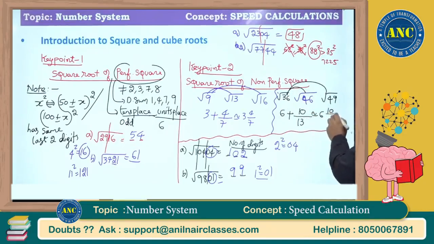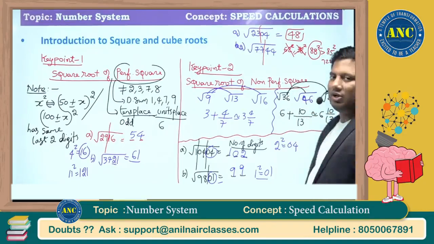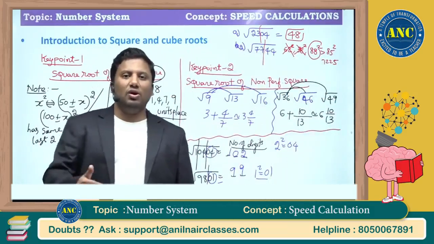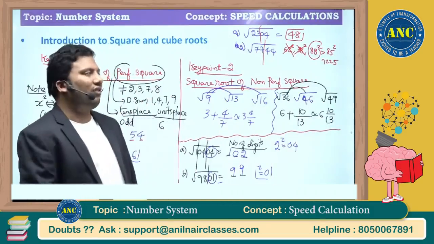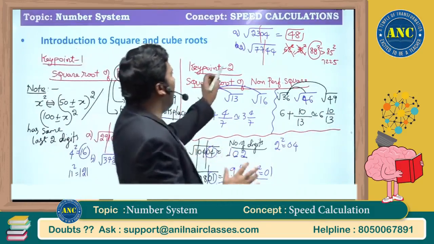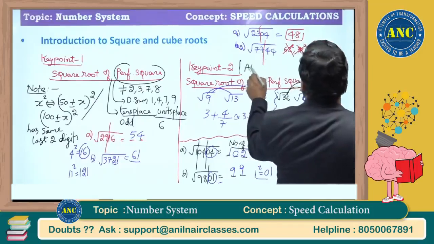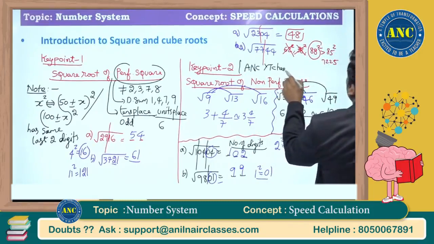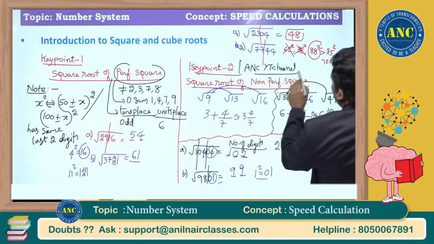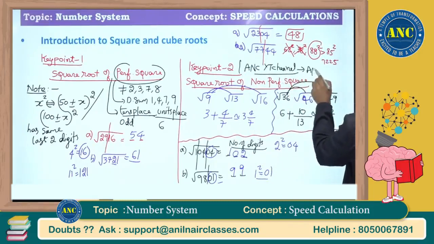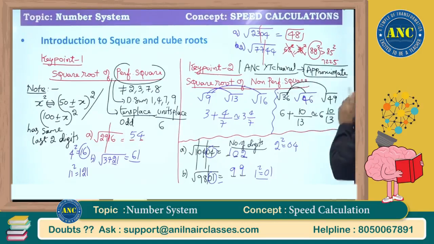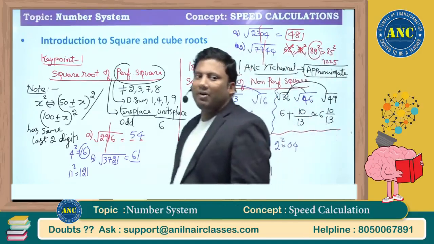6 and 10 by 13. Most of you might have done in your intermediate, that is plus 1 or plus 2: limit h tends to 0, f of x plus h minus f of x by h. For this, please go to the Anil Nair Classes YouTube channel. There is a wonderful video which got a lot of appreciation from foreign university professors, on how to find the approximate value for nth root non-perfect powers.